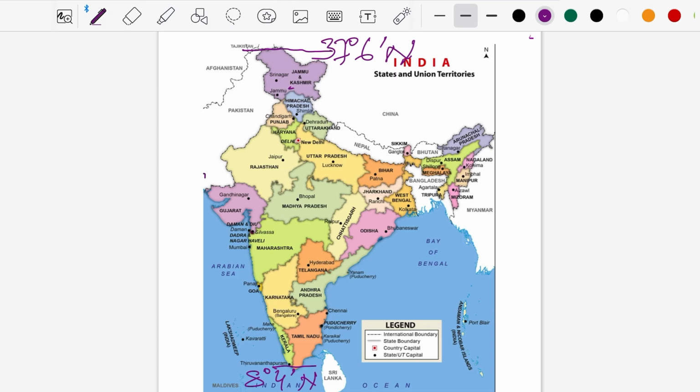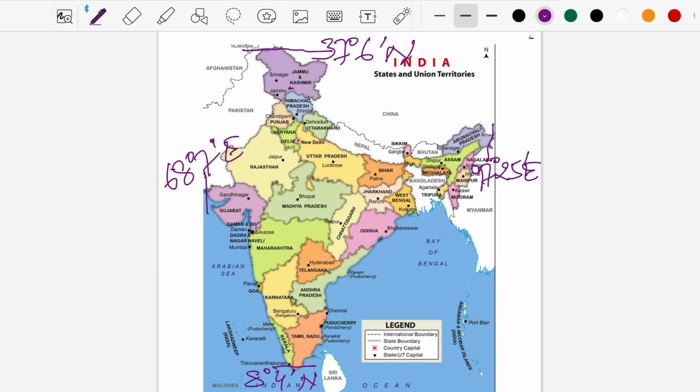In the western part of India, it is 68 degree 7 minute east, and the eastern part of India is 97 degree 25 minute east. So 37 degree 6 minute north, 8 degree 4 minute north, 68 degree 7 minute east, and 97 degree 25 minute east are the size and the location.